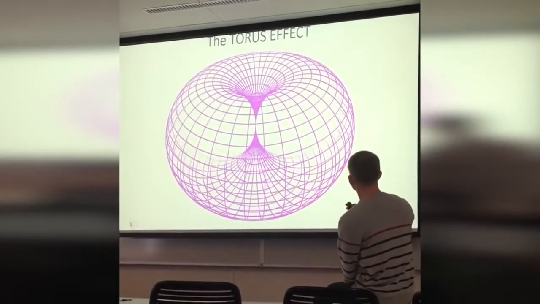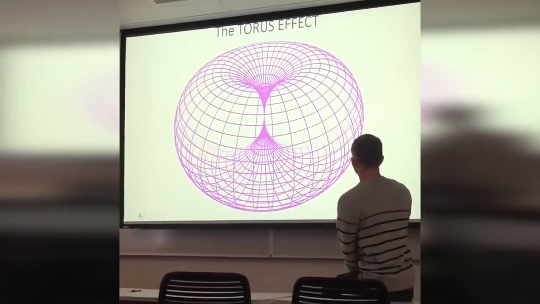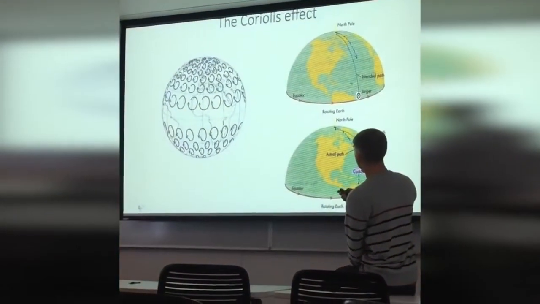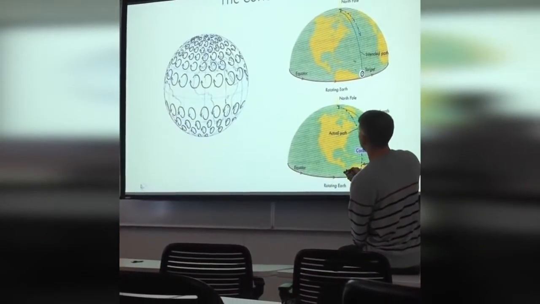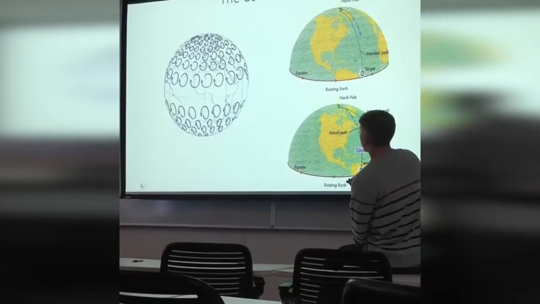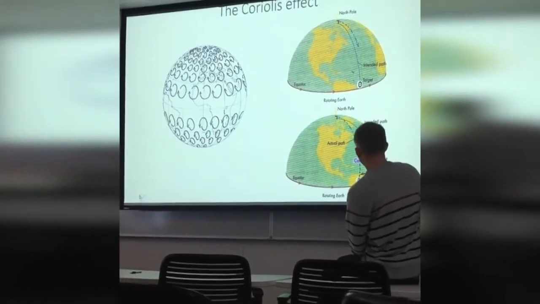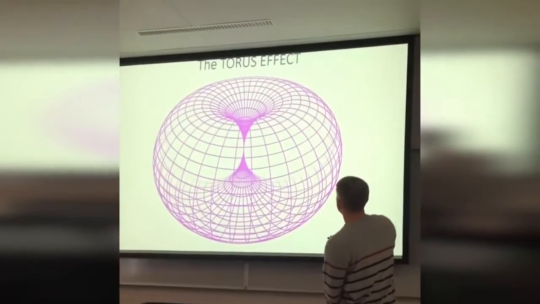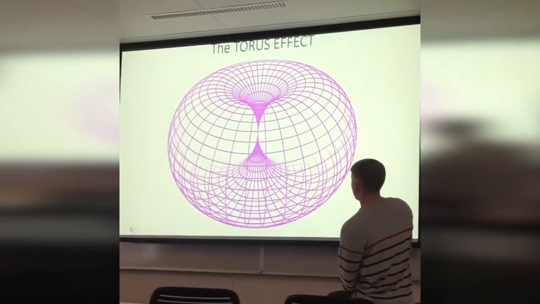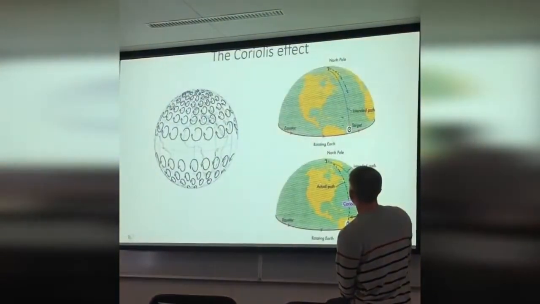So if the torus effect with all, okay, this I need to rewind. I'm going to go ahead and take this half of a circle, okay, and then I'm going to compare it to this half of a circle, okay.